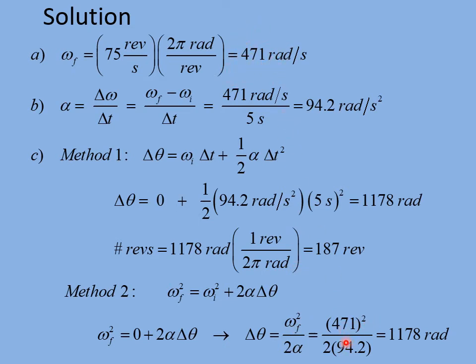So we square that and divide by 2 times alpha, which we found in part B, 94.2 radians per second squared. This turns out to give us the same delta theta of about 1,171 radians. Then, of course, we would convert that to revolutions, the same as we did before, to get the same answer of 187 revolutions of the wheel.